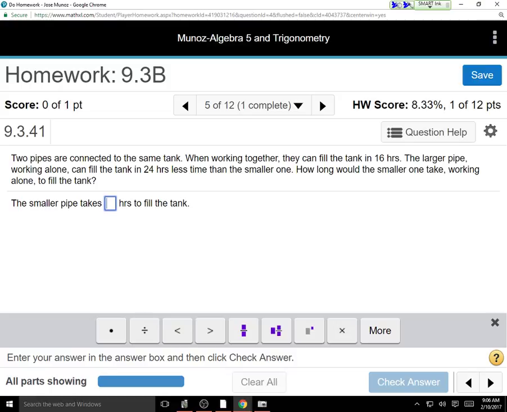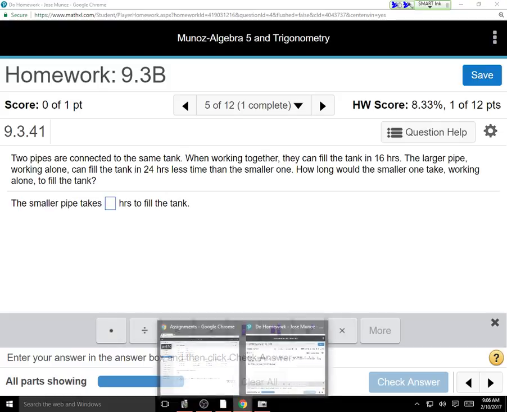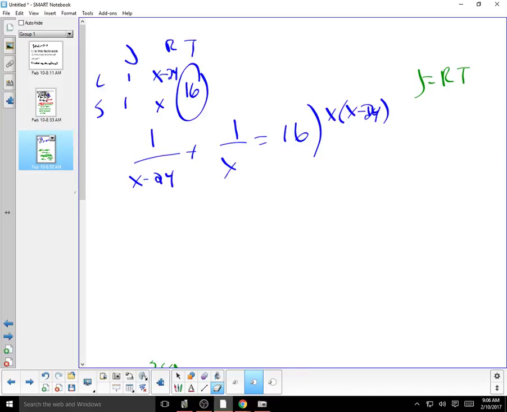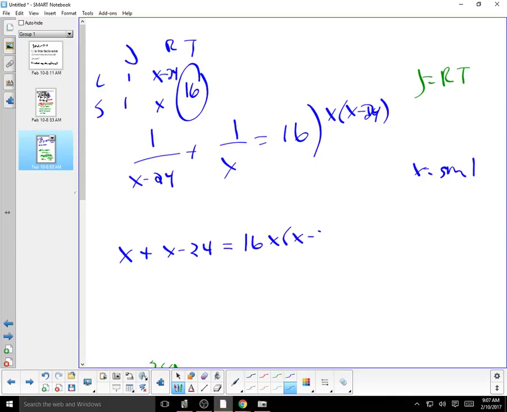Large pipe working together, small. Here's my mistake.